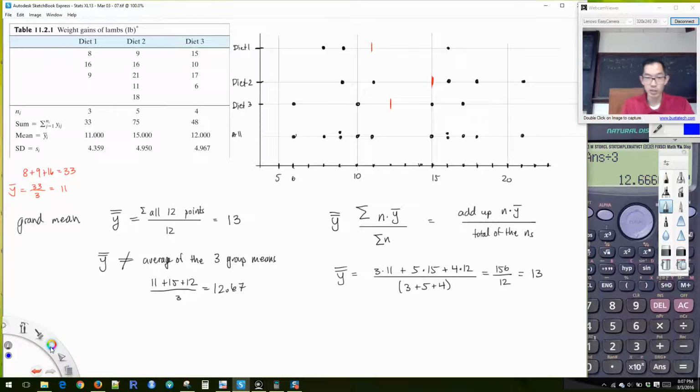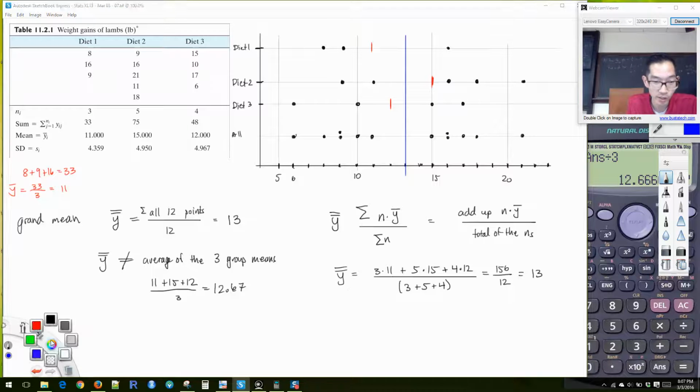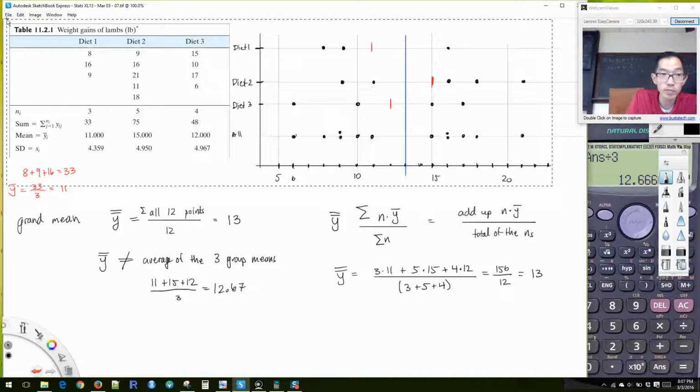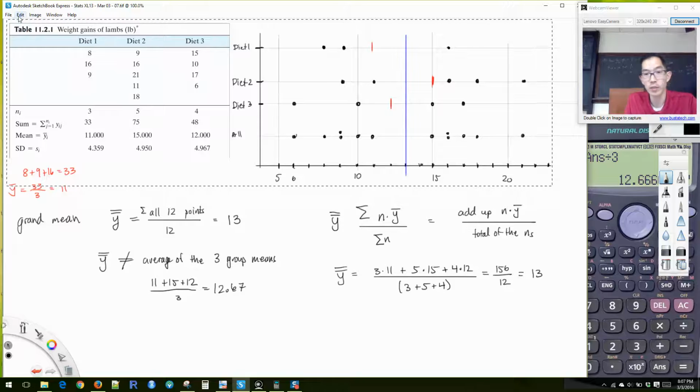Okay, so I'm going to draw the grand mean with a blue line here. This represents the mean of all of our values. Let's copy that.